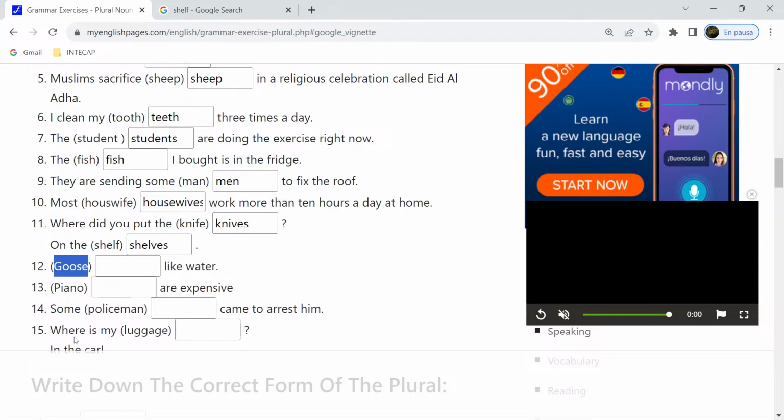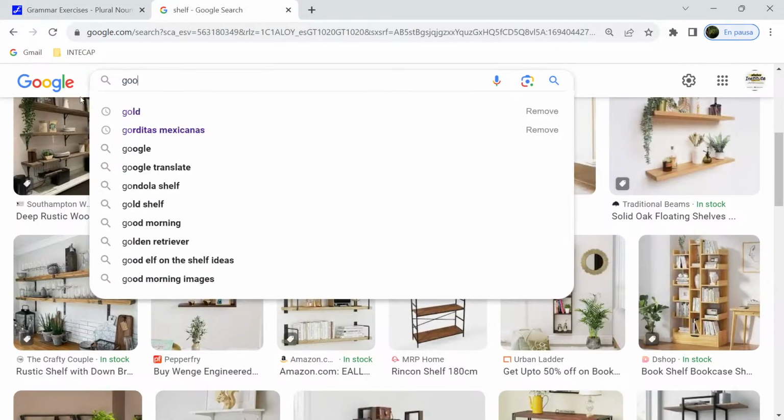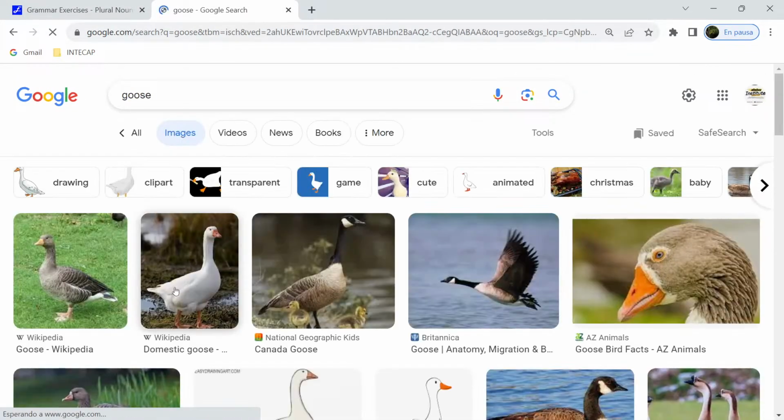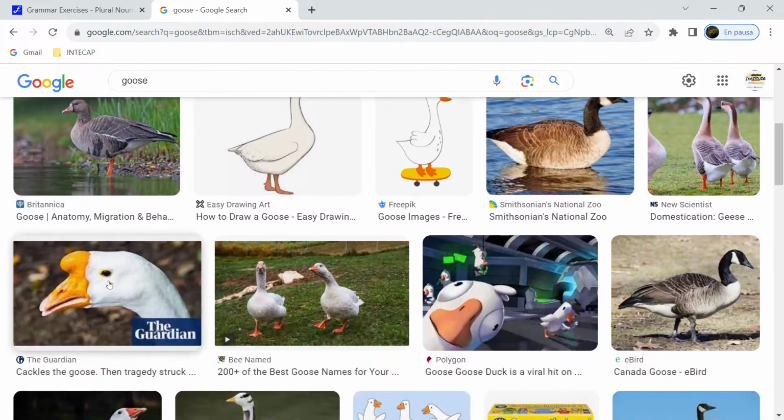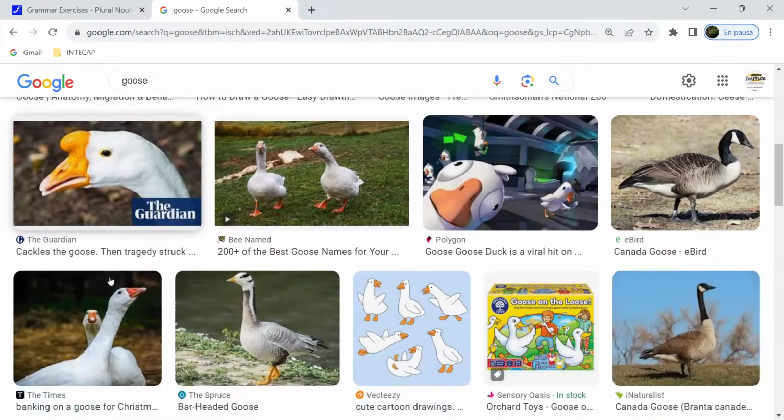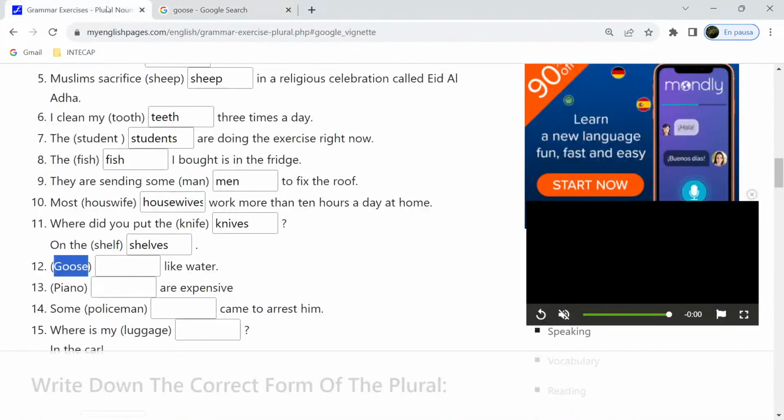Goose. Anybody? A goose is this animal. This is a goose. So what is the plural, guys? Do you know it? No?